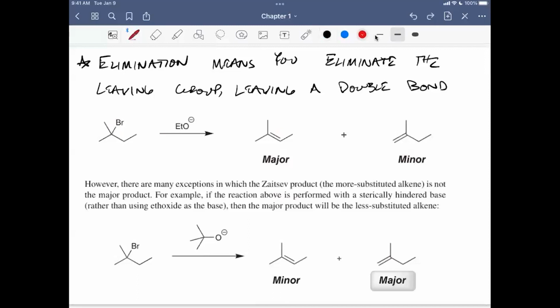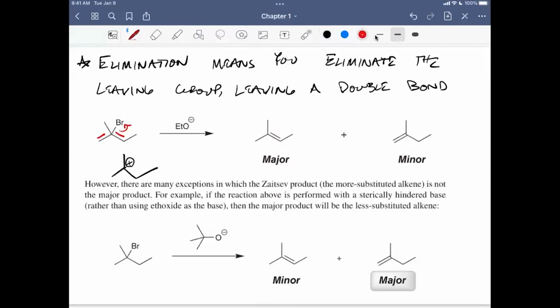The one exception, so again, these double bonds typically show up on the more substituted carbon. So it either will show up on this carbon or this carbon. Let's say I wanted to show the carbocation after I leave this good leaving group.